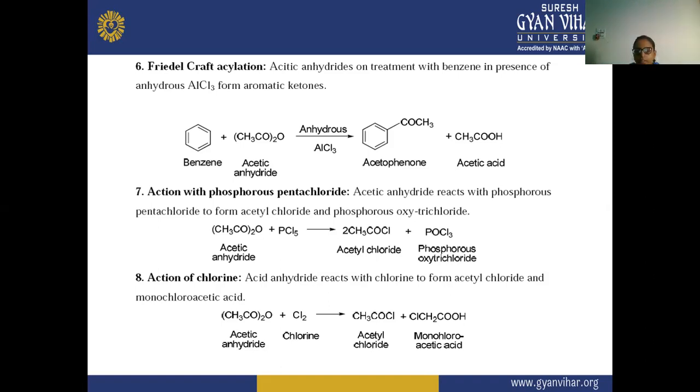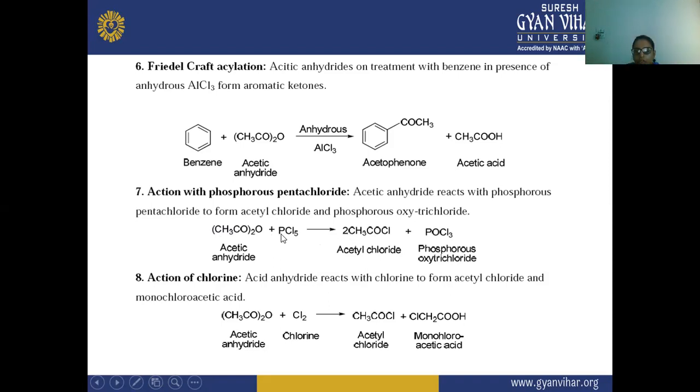So here you can see this acetic acid is reacting with this PCl5. After that, from here one Cl is removed, that is Cl negative, and this Cl negative will react with the CH3CO, the two same molecules.